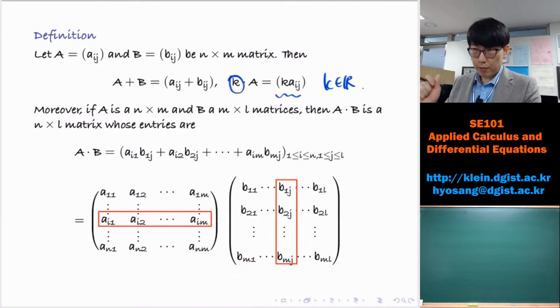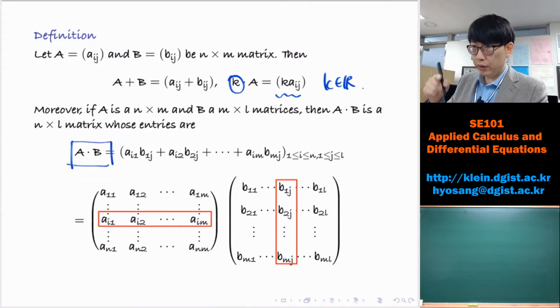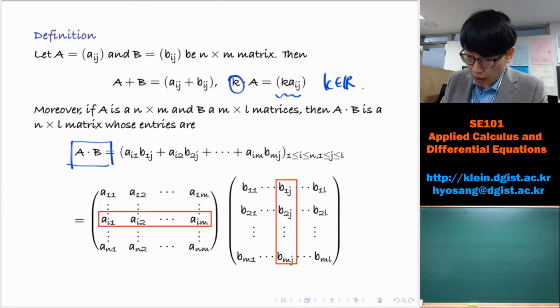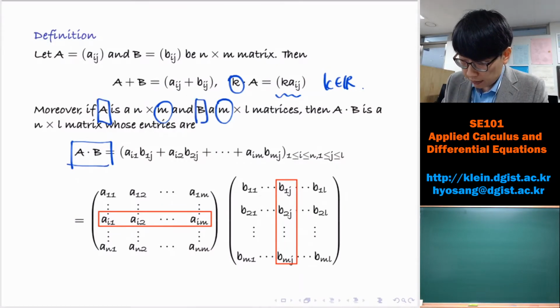And a more important thing is that you can multiply 2 matrices only when you have this property. If you want to multiply A and B in the order A times B, it's possible only when your matrix A contains the same number of columns as the number of rows of the matrix B. A is the first matrix in the multiplication and B is the second.